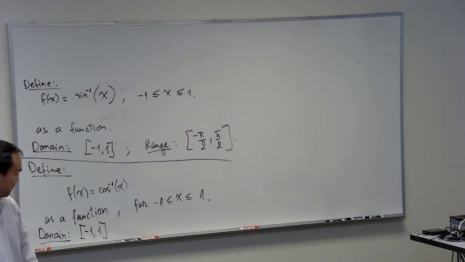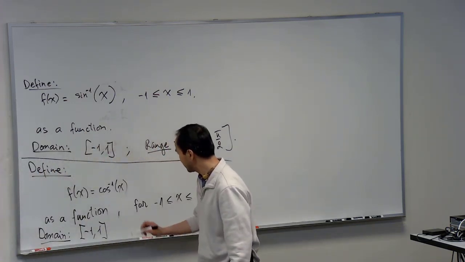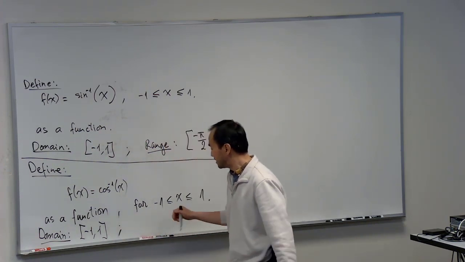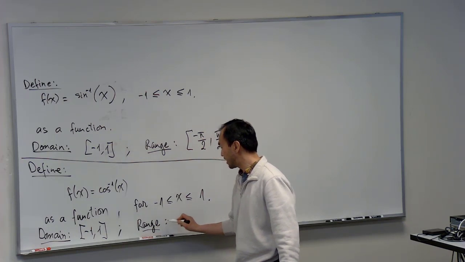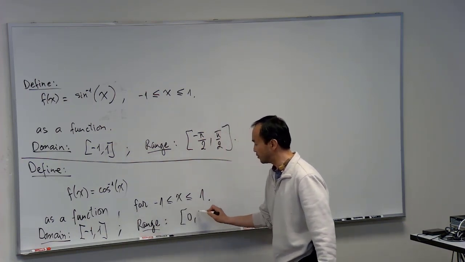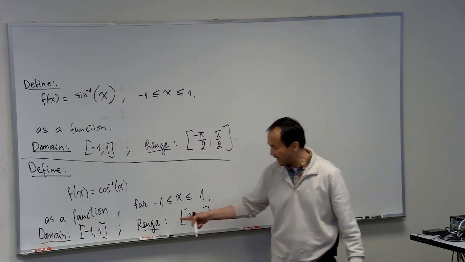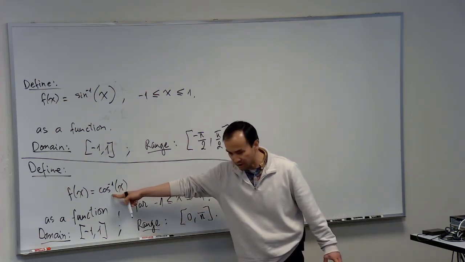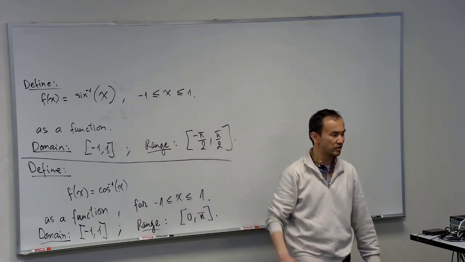That's a closed interval. And cosine inverse actually has a different range. The range for cosine inverse goes anywhere from 0 to π. Remember, the angle generated by taking the cosine inverse comes out anywhere in the upper half of the unit circle.